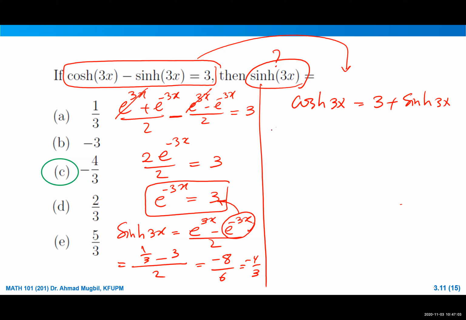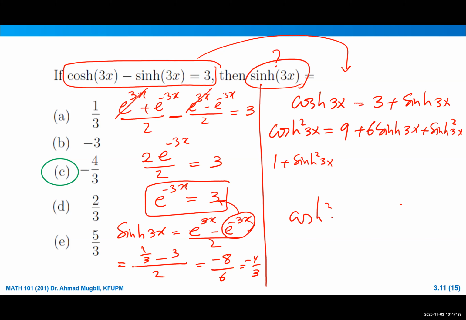Now square both sides. It will be cosine squared 3x equals 9 plus 6 sine, and this is what I want, sine 3x, plus sine squared 3x. Now, cosine squared 3x, what is it? Do you remember the relationship between them? Cosine squared 3x minus sine squared 3x equals 1.